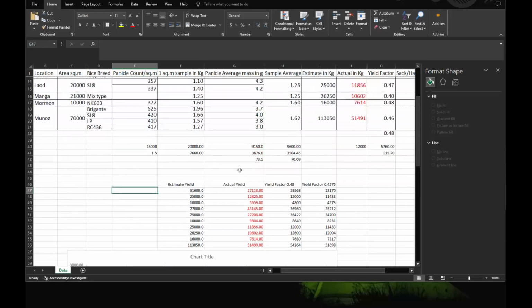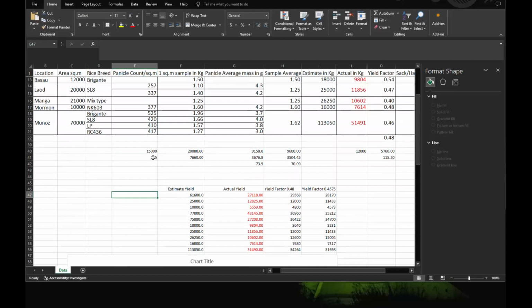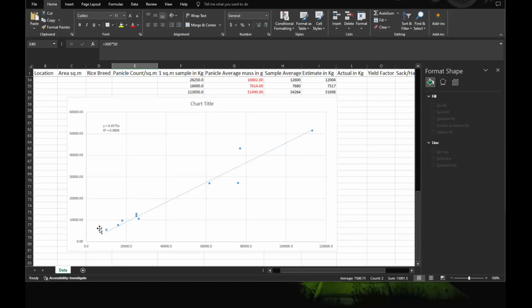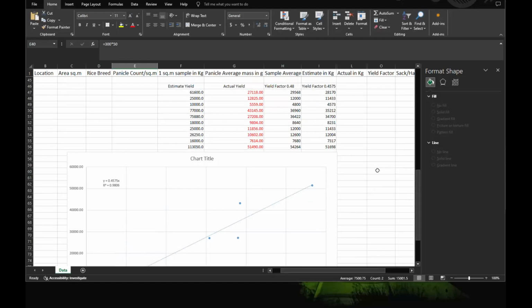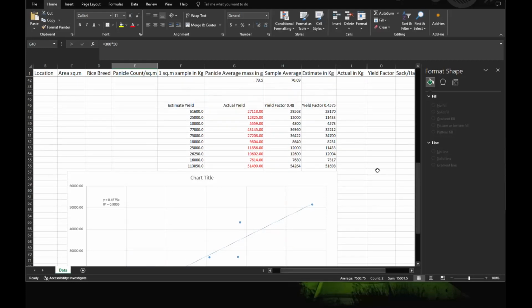In fact, by achieving this 15 tons, 1.5 kilos per square meter, this trend would change. It probably goes like this. Okay, it will change. So I will have that data over time, and that's it.